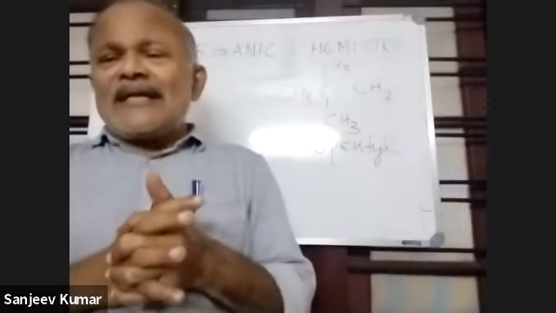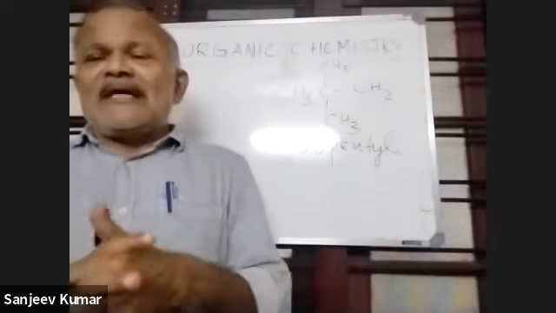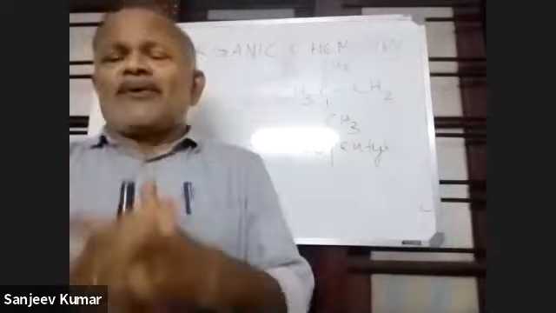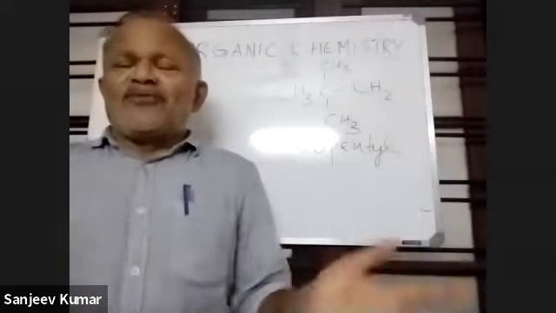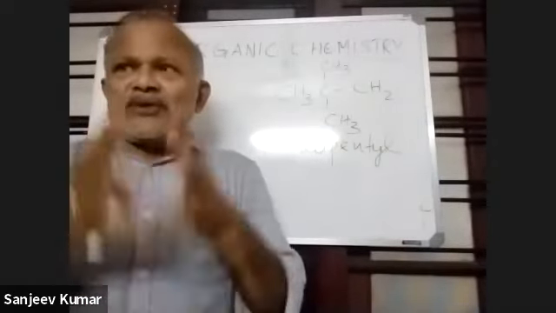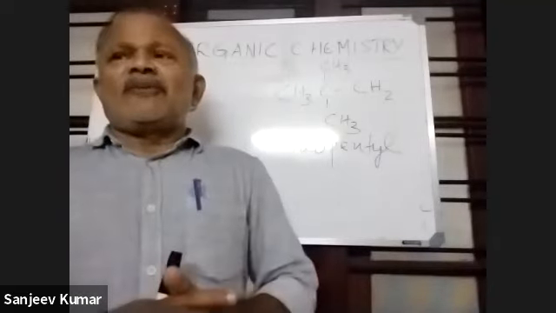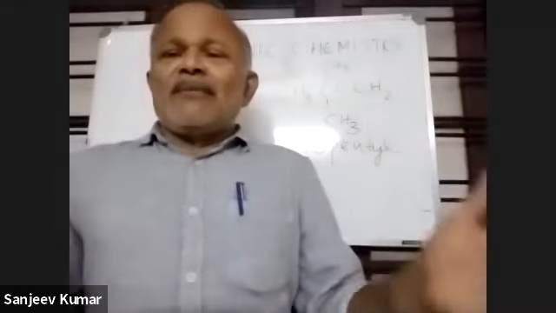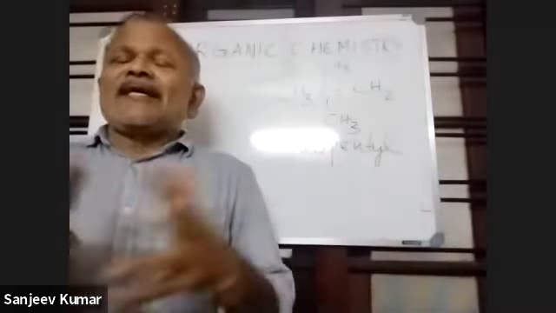In the case of inorganic chemistry, there is no such thing. For example, in the case of sodium chloride, NaCl, there is only one compound. H2SO4, sulfuric acid, there is only one compound with molecular formula H2SO4. And in the case of sodium hydroxide, it is NaOH.